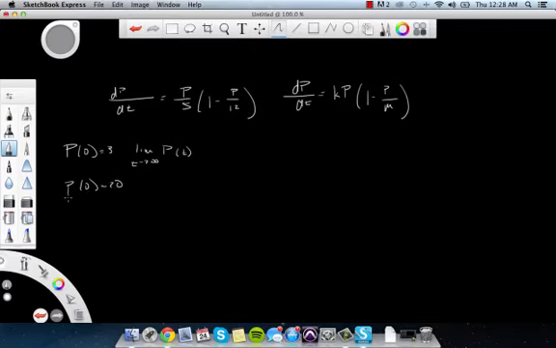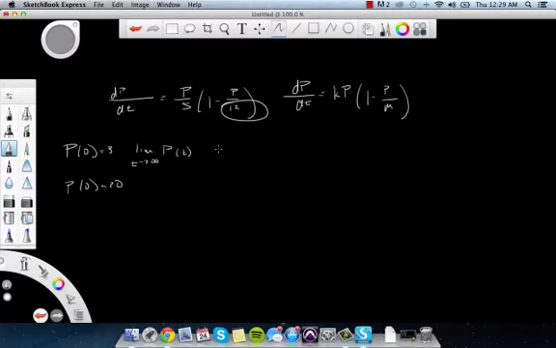So at first I thought you're going to have to integrate. In fact, you don't have to integrate because of your carrying capacity. Yeah, m is your carrying capacity.